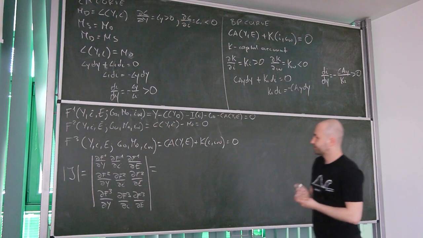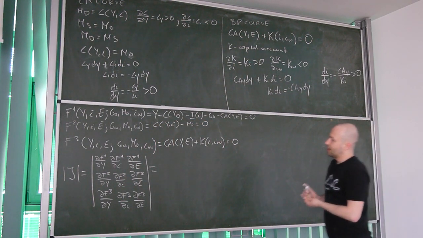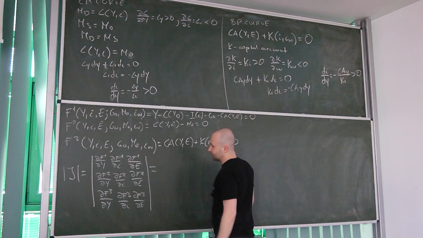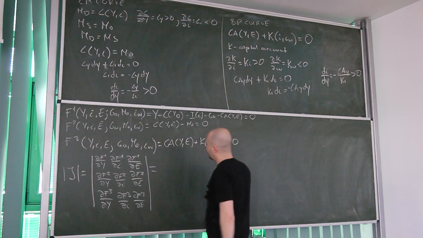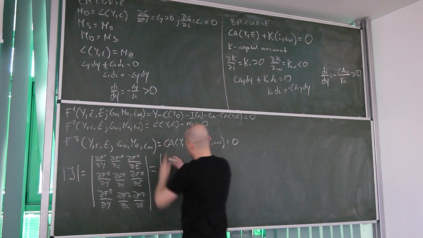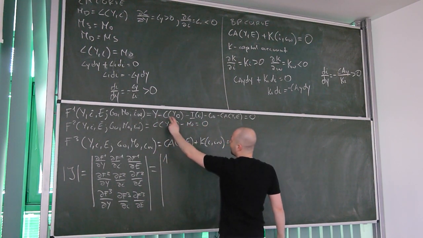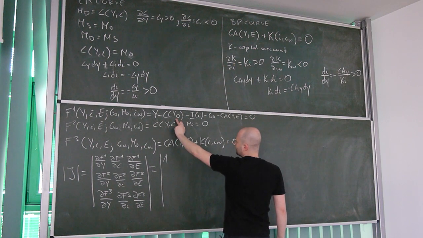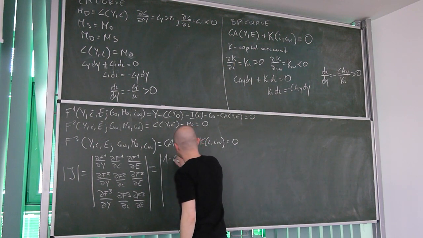Now what we can do is calculate those derivatives. Let's start over here. Here we have the derivative of y, which is 1. If I differentiate this with respect to y, I'm going to get minus C prime times (1 minus T prime).